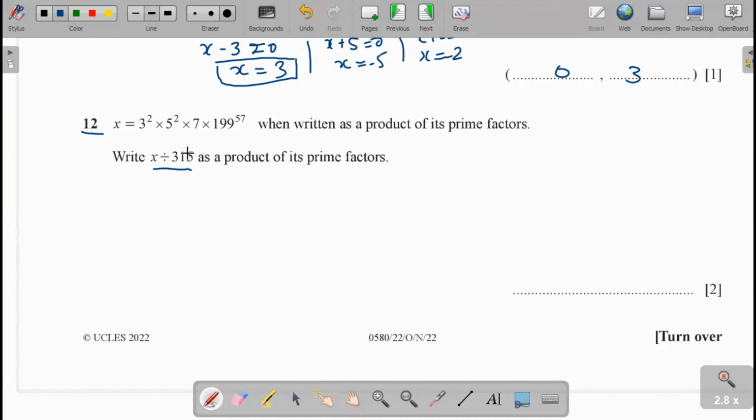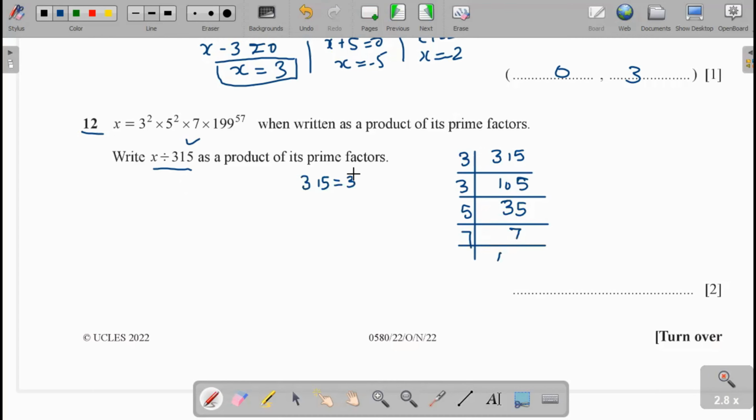Firstly, we find the prime factors of 315. Now you see here 315 is equal to 3 square into 5 into 7. Now x equal to 3 square into 5 square into 7 into 199 power 57.